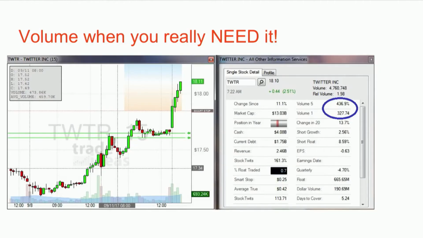Let's say as an example where my pointer is right here, getting ready to possibly make a new high from the prior day. If I'm watching this, and I look up and the volume's 15% of normal, it's like, whoa, back off. A penny saved is a penny earned. And that's the same thing that can happen here, digging under the surface and seeing what the 1 minute and 5 minute volume is. So again, the single stock window has been around for a long time, but I think there's tremendous value in using these short-term 5 minute, 1 minute volumes.